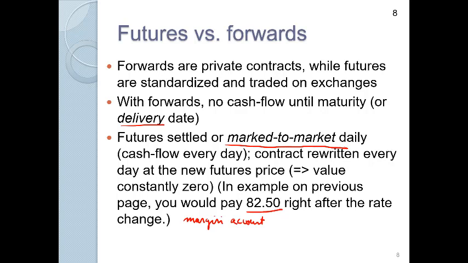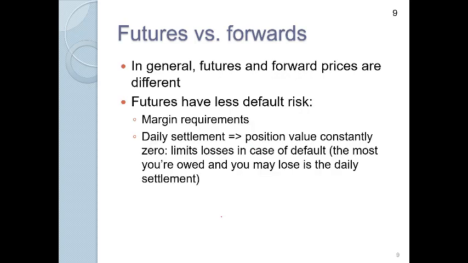Forwards and futures are different in that one is mark to market daily, the other one is not. In general, futures and forward prices are slightly different because futures have less default risk because of this margin requirement. Now, this daily settlement is going to make the present value of the position change constantly, and it would limit the losses in case of default.